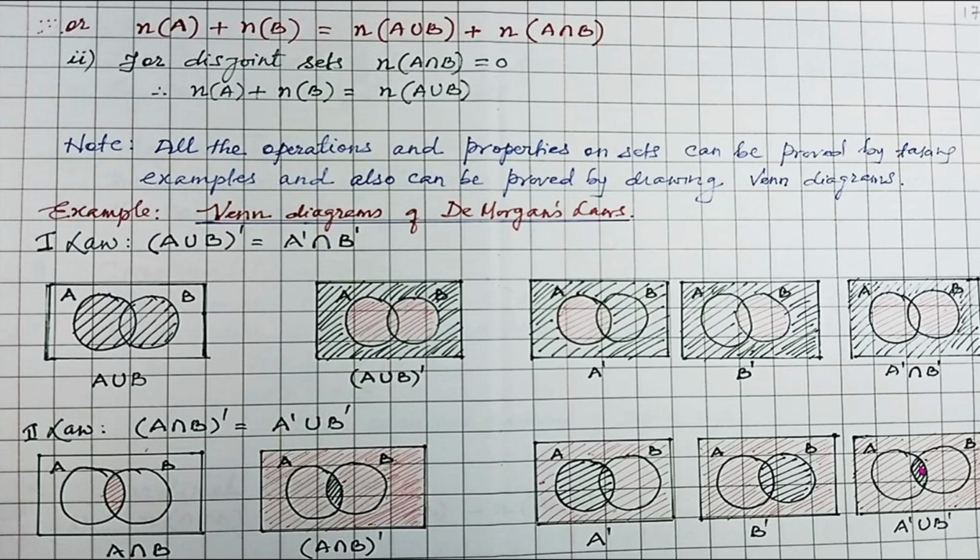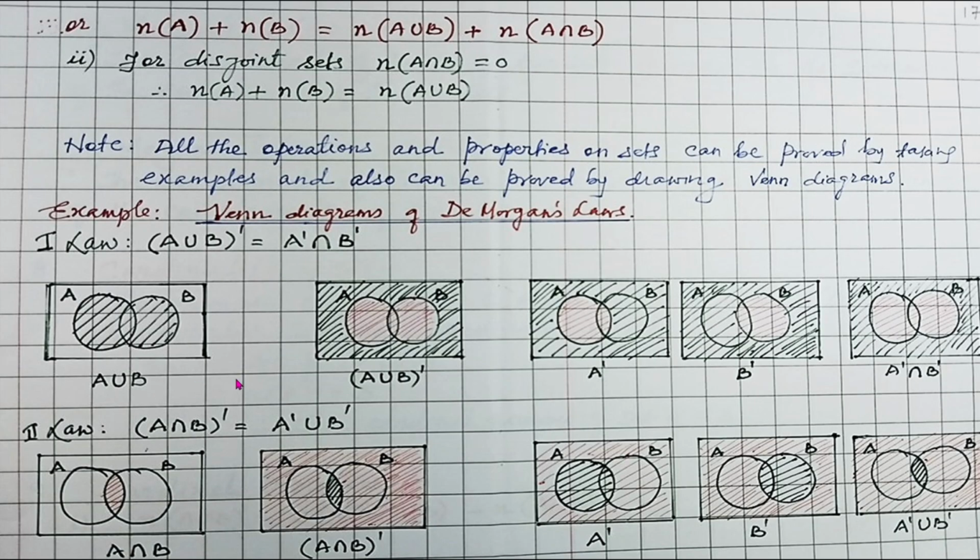When we compare this Venn diagram and this Venn diagram, we find that both the diagrams are the same, and therefore we have proved De Morgan's second law, that is (A intersection B) dash, the complement of A intersection B, is equal to the union of the complements of those two sets. So this is how the Venn diagrams can be used to prove the properties and the operations on sets.